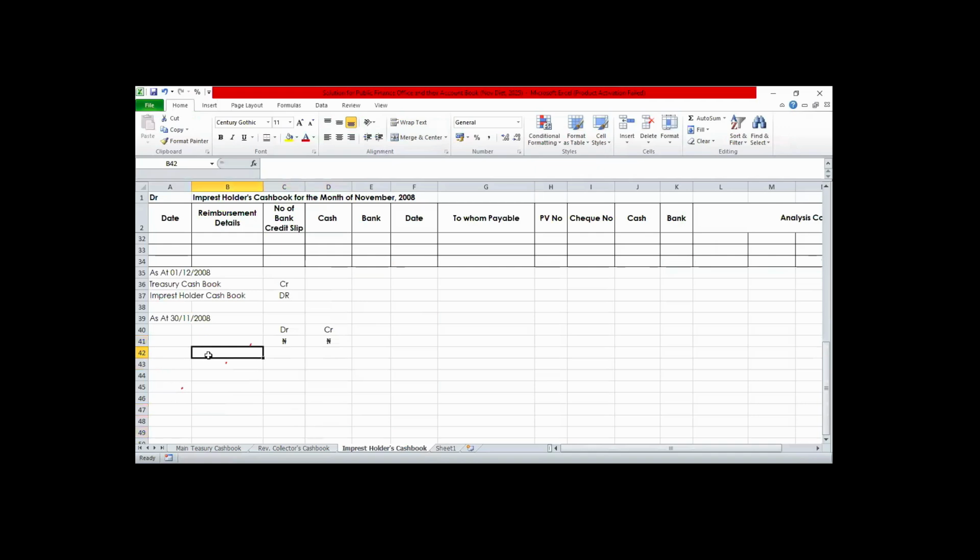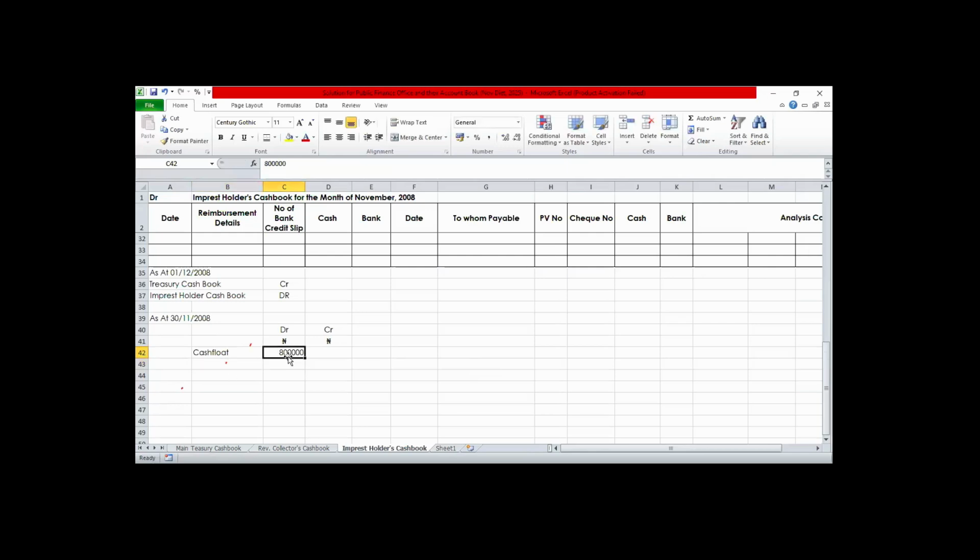Cash, which is what? Cash float. Look at it, please. Cash float. Thank you. Now, the cash float received will be debited in the petty cash book of that particular officer. 80,000 is here.